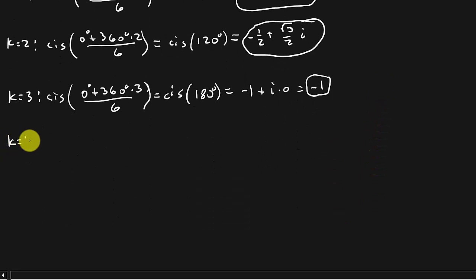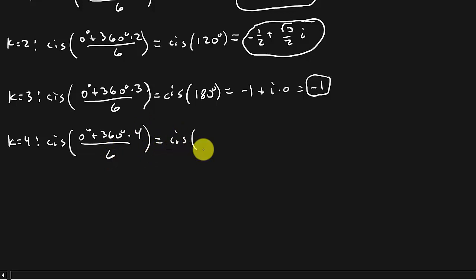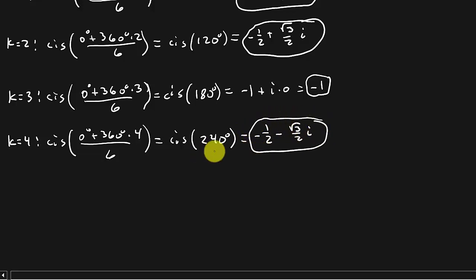And then for k equals 4, I get 0 plus 360 times 4 over 6. Once again, we're staying with the abbreviated notation, so that's 240. And so that's just going to be -1/2 minus square root of 3 over 2 times i. See, 240 is in the third quadrant, so sine and cosine are both negative. And then k equals 5.